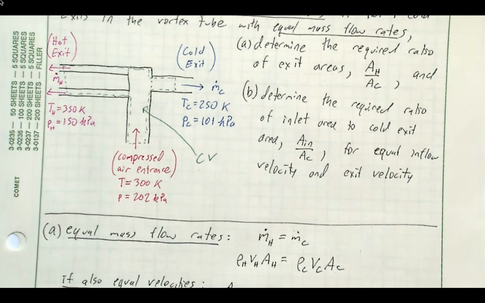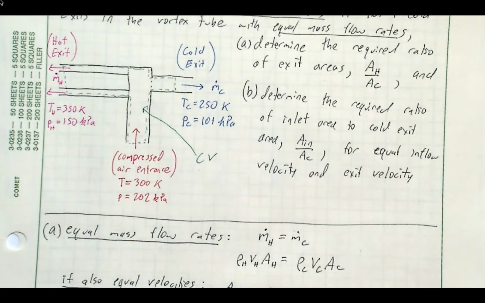Therefore, we're assuming uniform velocity profile. And the other assumption here is that density can sure change, but it's not going to change across each segment.